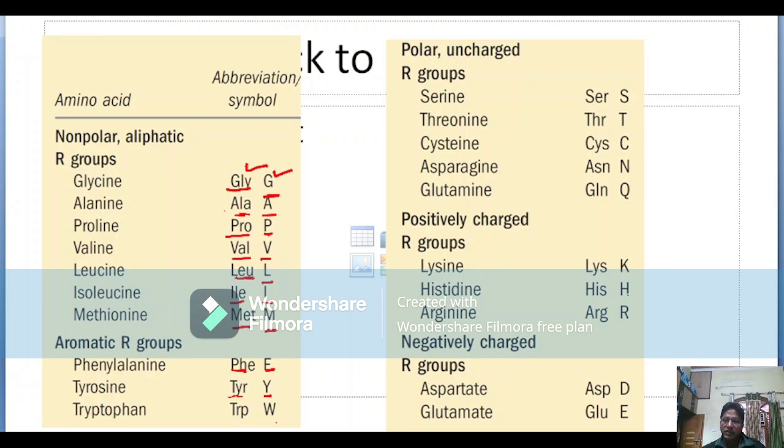For asparagine, you can see that in some cases the first letter is not used; here it is N. For glutamine, the first letter is not used because it is already used for glycine, so here it is Q. For lysine, it is K. Histidine is H, and arginine is R. Aspartic acid and glutamic acid are D and E. These are the abbreviations and symbols used when amino acids are shown in a peptide sequence.